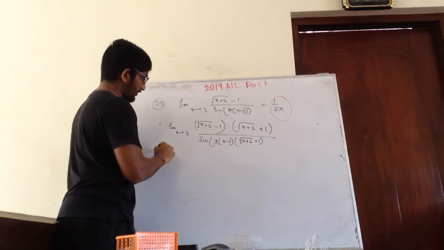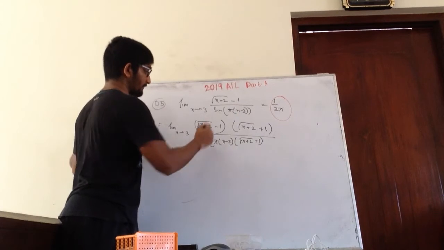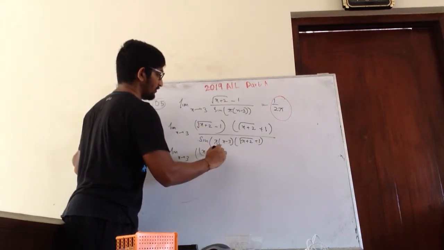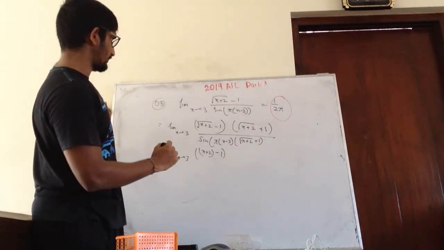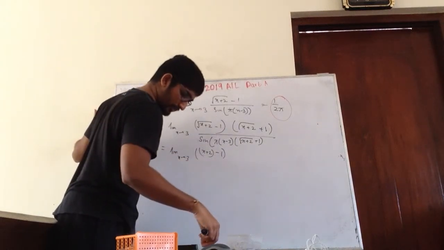Right. So now here you will get limit x goes to 3, here you will get x plus 2 minus 1. Right? So now wait a minute, this is minus.